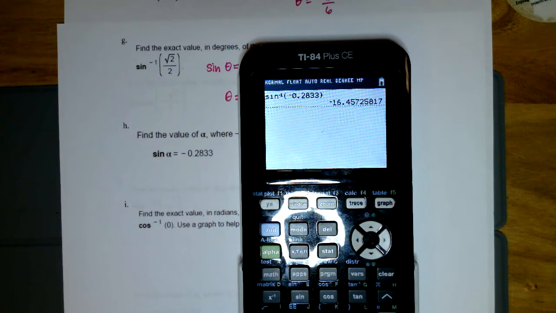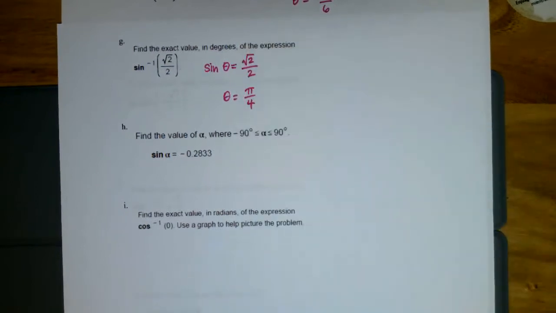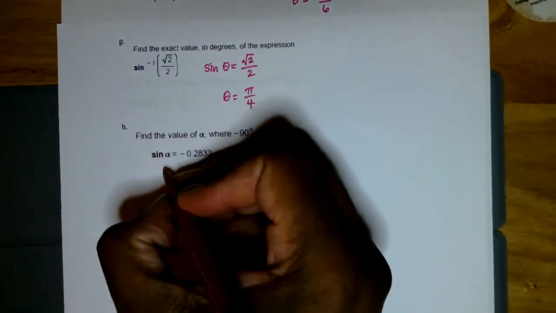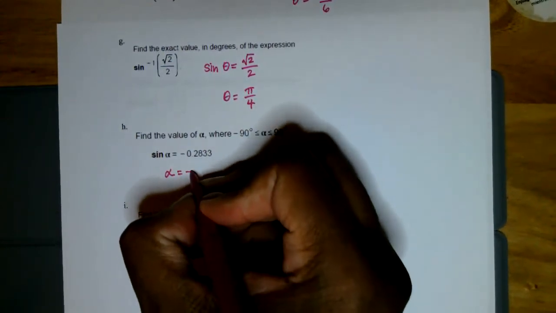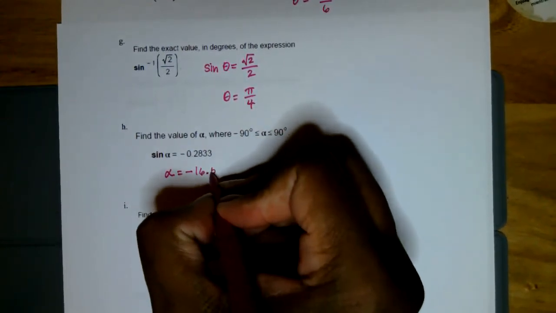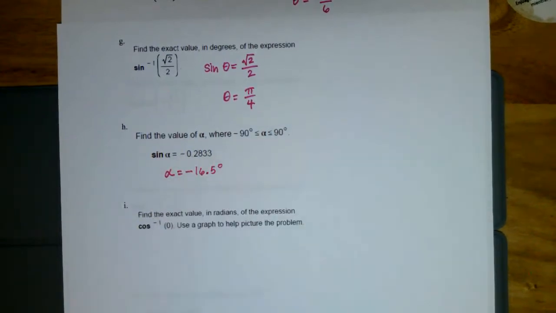Let's say I want to round it to 1 decimal place. In this case, it will be approximately negative 16.5 degrees. So our angle alpha will be negative 16.5 degrees.